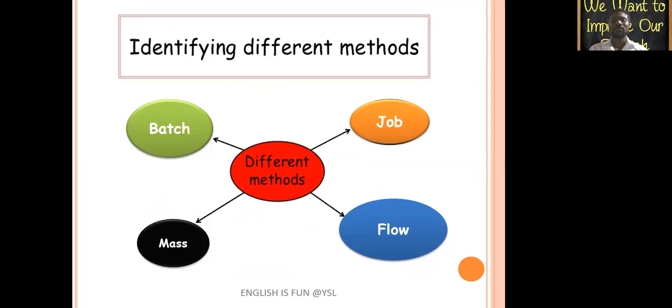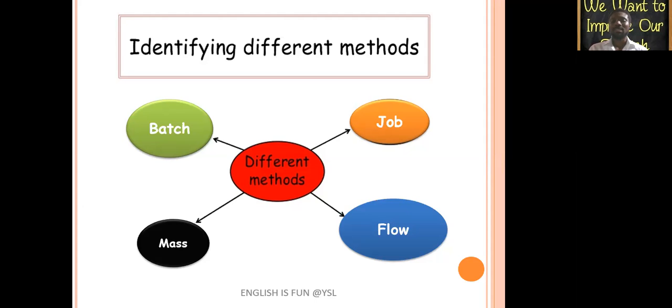Okay, however, we are going to be looking at those factors that determine, or the things you will consider in order to select a production method. Okay, it depends on the business. However, it also depends on yourself, what you are going to be making.